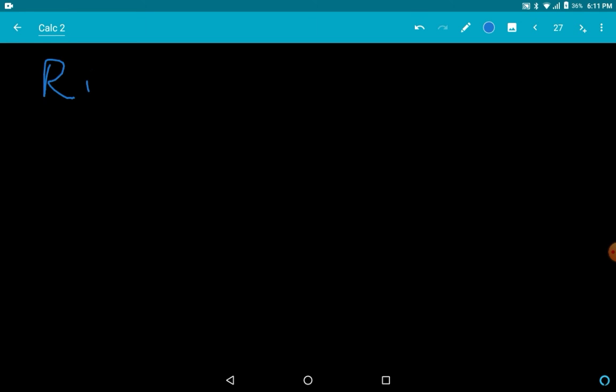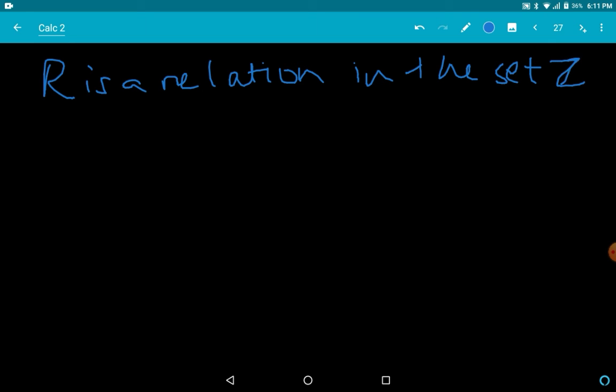R is a relation in the set Z of integers. Understand?